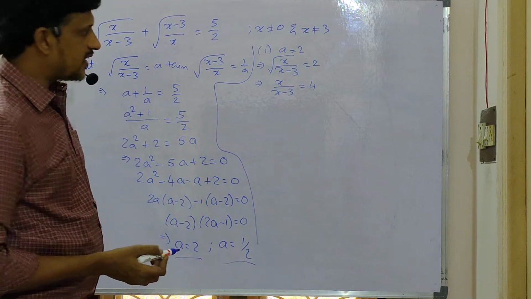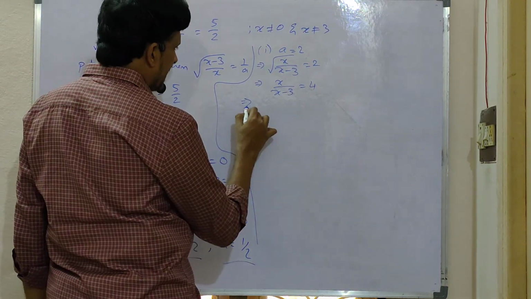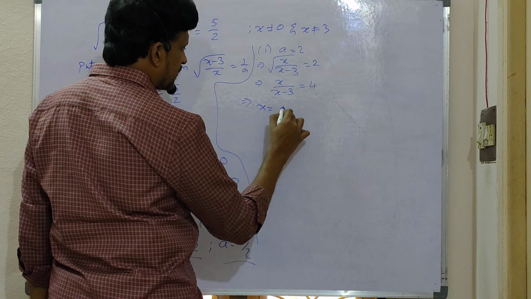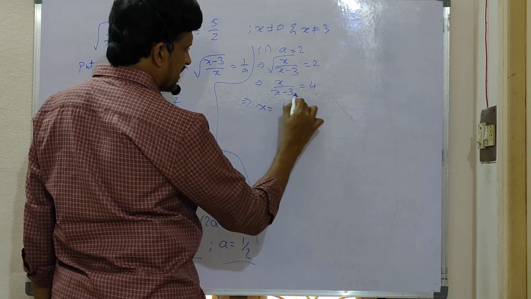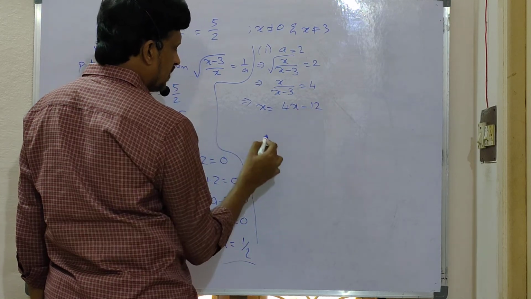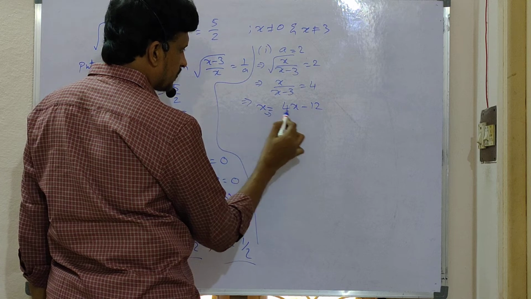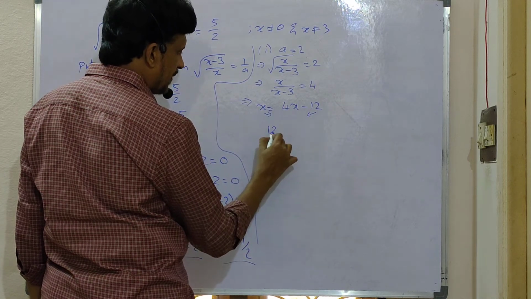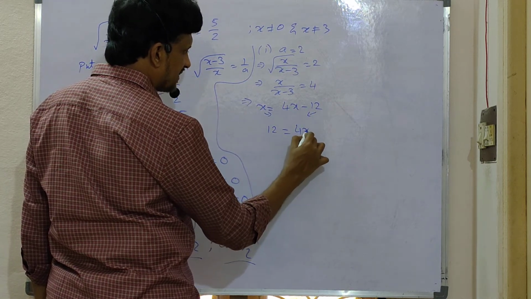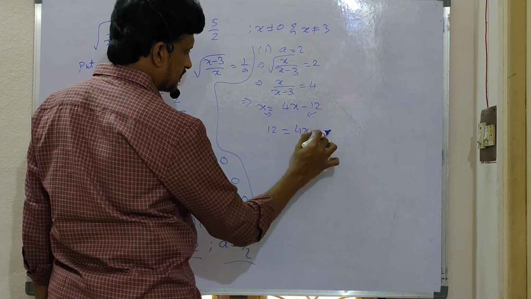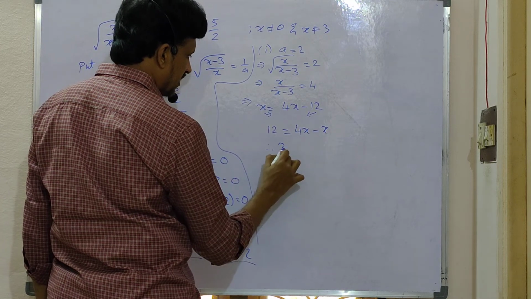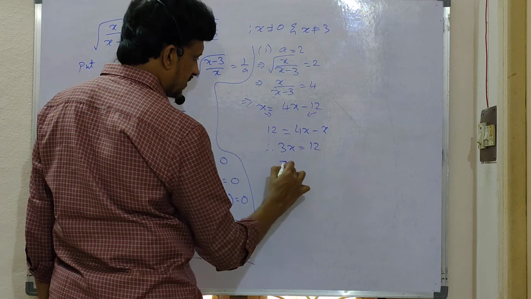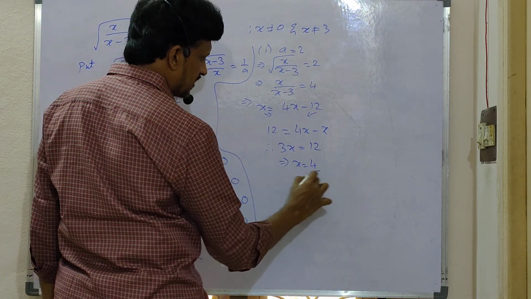The RHS will be 2 square, that is 4. Now this will be x is equal to 4 into x minus 3, that is 4x minus 4 into 3, 12. Now just interchange these two terms, then minus 12 will be plus 12 here. This is 4x minus x, that is 3x. Therefore you are getting 3x is equal to 12, which gives x is equal to 4 as one solution.